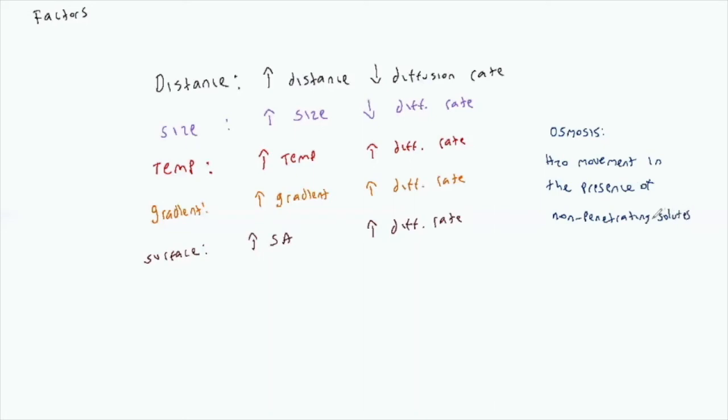So in that example, these solutes don't move so much, so the water has to. Because there's a difference in the concentration of solutes between one environment to the other, water has to move. Diffusion, though, is movement of specific solutes from one environment to the other.